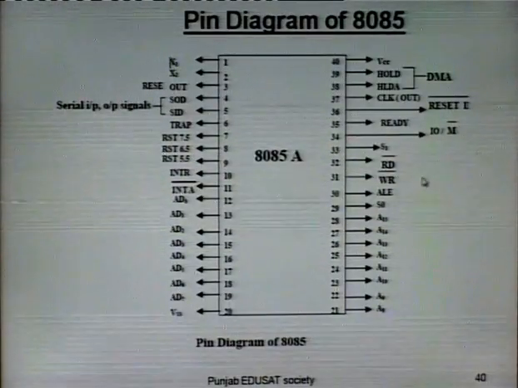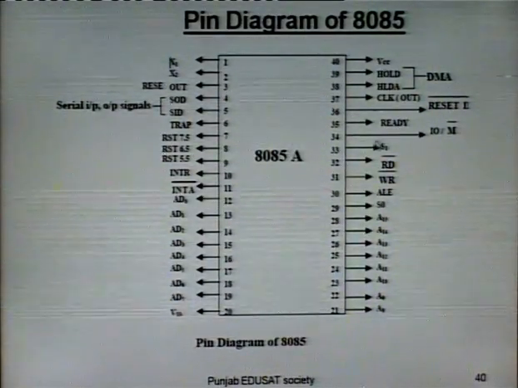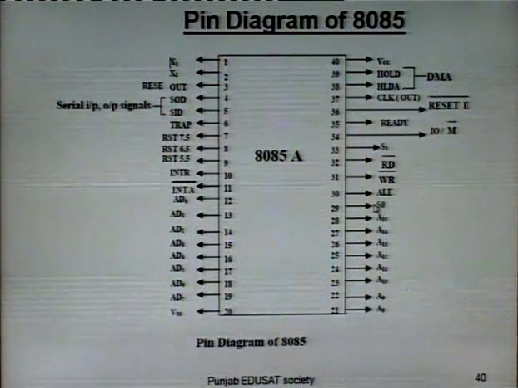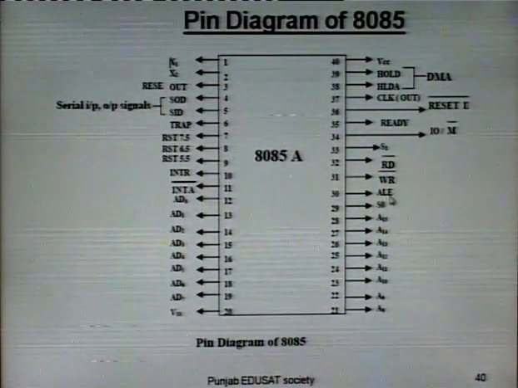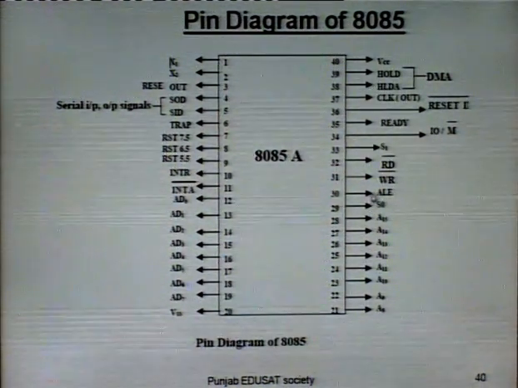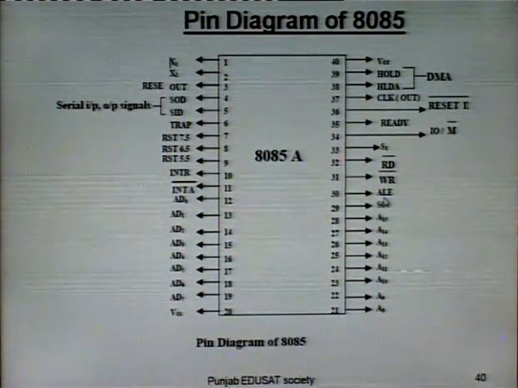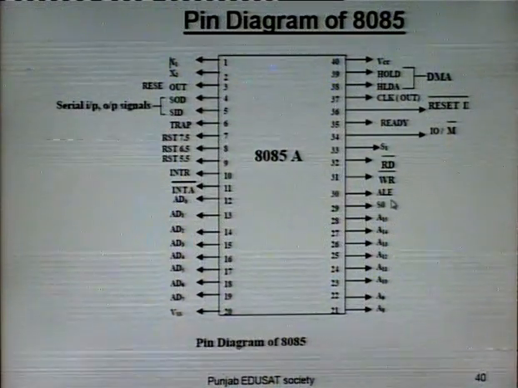After that, the high order address bus, that is A8 to A15. It is unidirectional. It is not time shared. Then we have two status signals, S0 and S1. Then we have ALE, address latch enable. Address latch enable is an output pin.